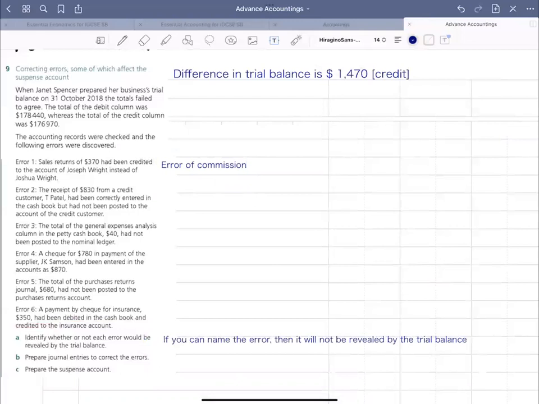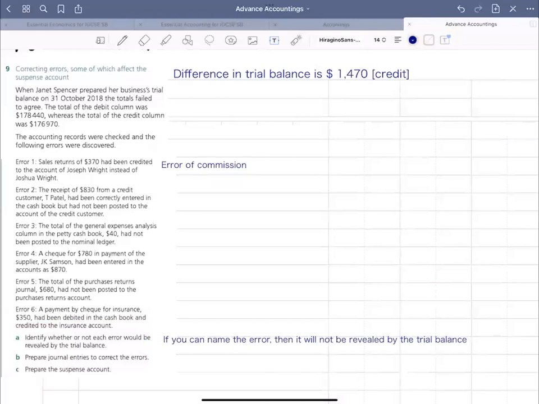But when we record it in our trial balance, it is still balanced because we did the debit and credit properly. So sales return is supposed to be credited in Joseph Wright, but we accidentally credited Joshua Wright. So there is a credit entry here, but wrong name. So this one will not be detected by the trial balance. Okay, so this one, error of commission, if we can name them, like I said, it is not detected by the trial balance.